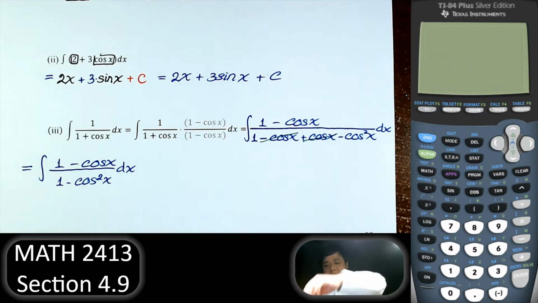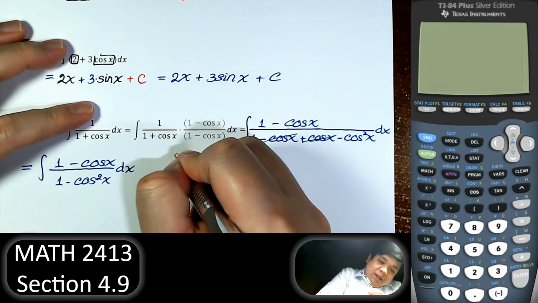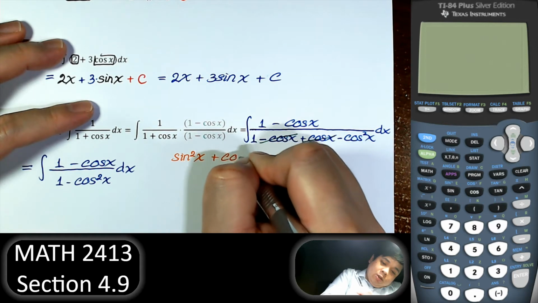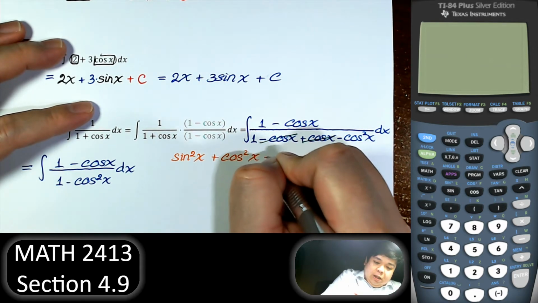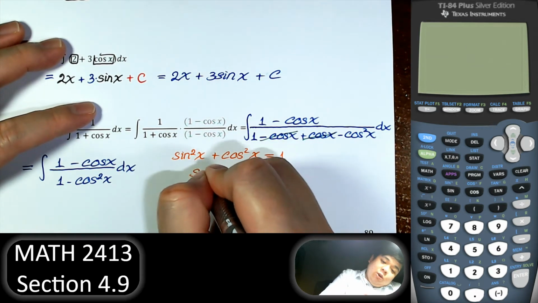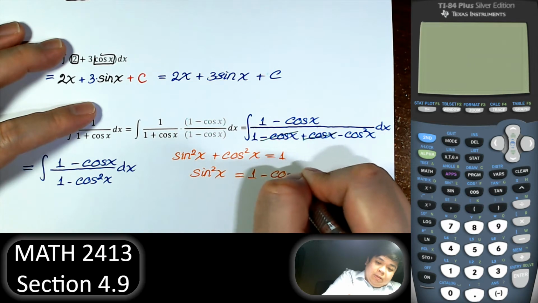Right, now in trigonometry, every time we have sine squared or cosine squared, that is the Pythagorean identity, namely sine squared plus cosine squared is equal to 1. Now if we subtract the cosine squared on both sides, we have sine squared equal to 1 minus cosine squared.